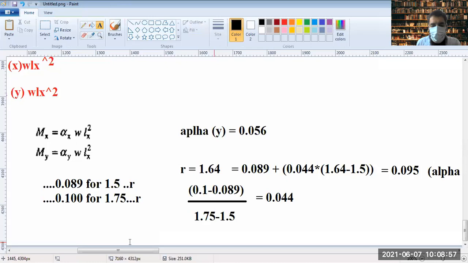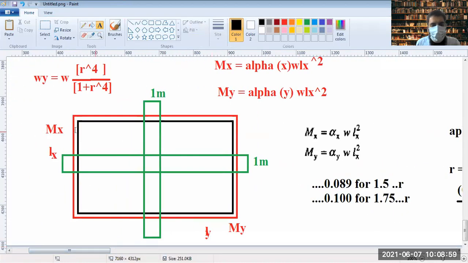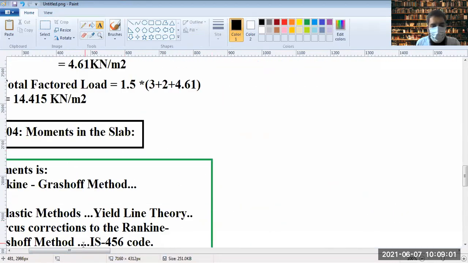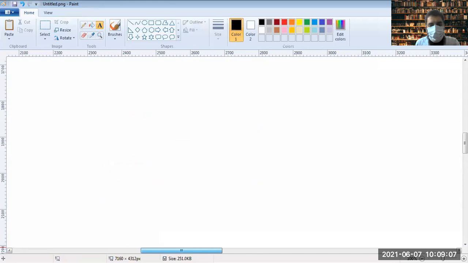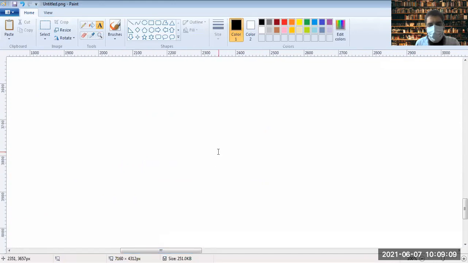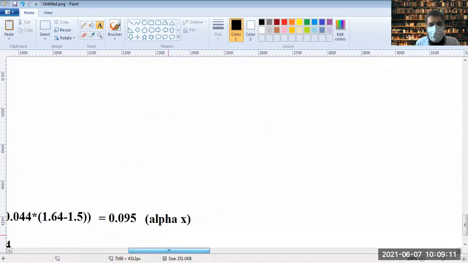Lx, how much is that? Effective length of Lx, if we had already calculated this, that's 3.122. So it's actually LEX while you are calculating the moments.